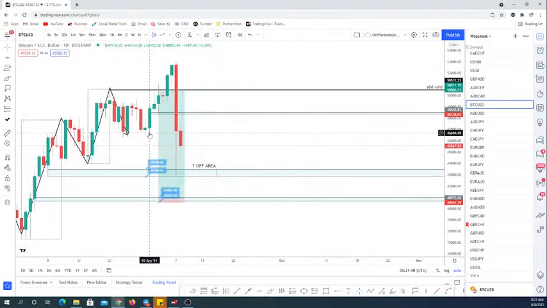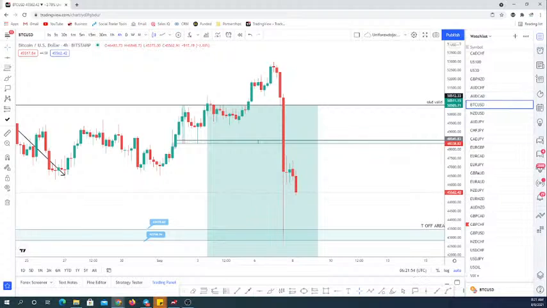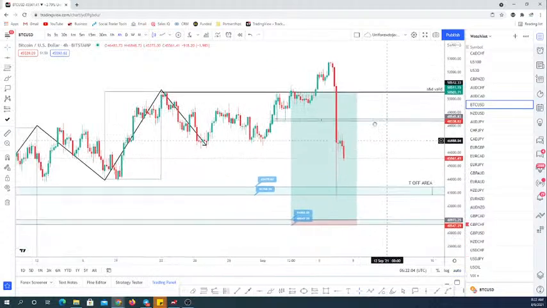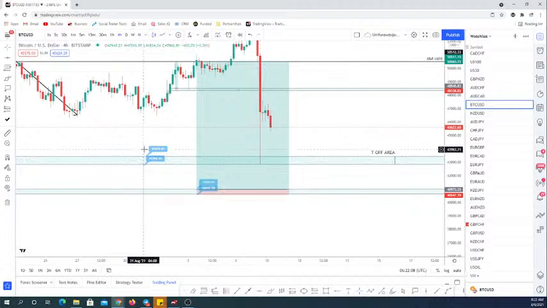And I don't know if they got this one, but I posted this, I think it was last week, Monday, I think, or Tuesday, I don't know. But you can see price basically came back down into a tee off area for this position and then shot up. So at least we got that one correctly.